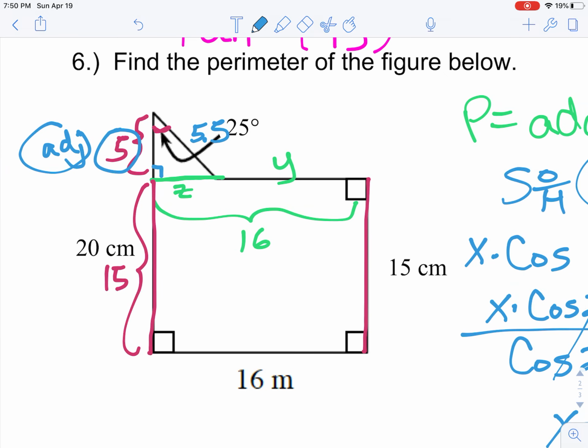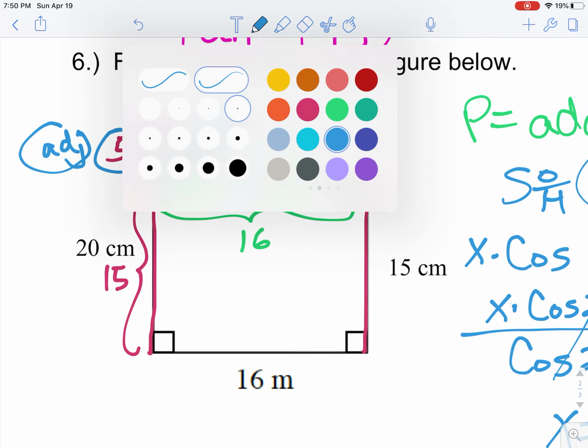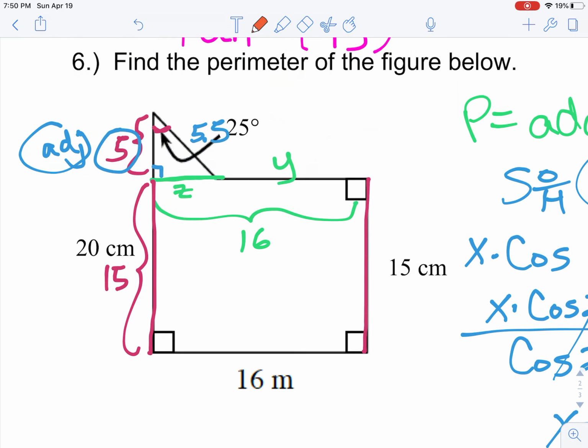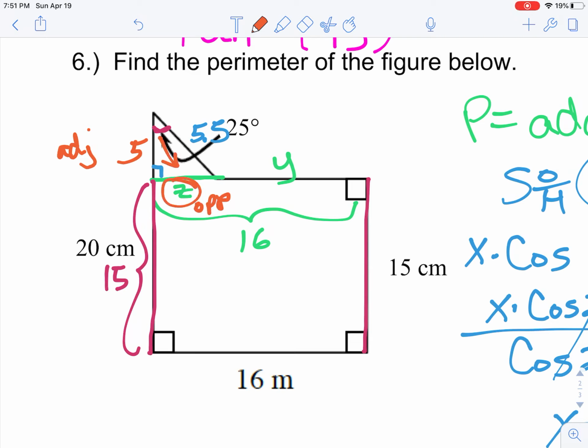Now I need the length of y, but I don't think I'm going to find the length of y until I find the length of z. So let's now go back to the length of z. And I still want to use the 5 over here. It's still the adjacent side, but now I want to find z, which is the opposite side because it's on the opposite side of that angle that they give us, 25 degrees.